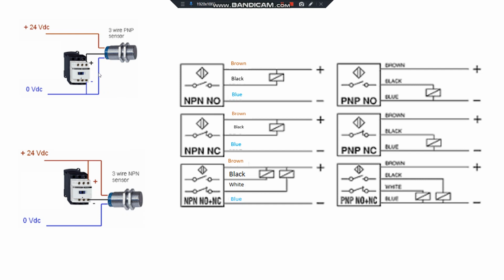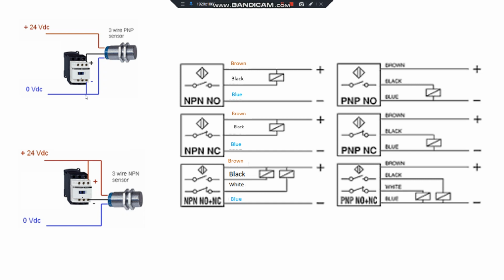In the example, when this sensor is activated, it will send 24 DC via the black cable. You know that there is a contactor, and this contactor has two parts, A1 and A2.